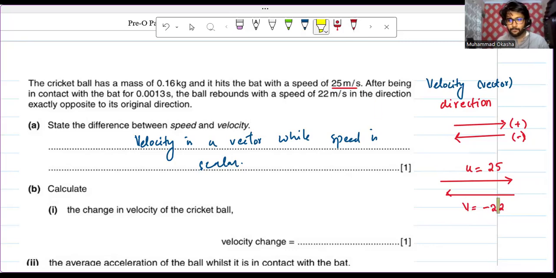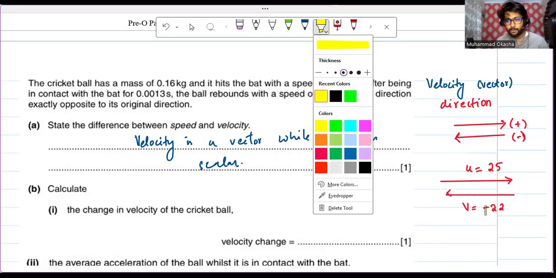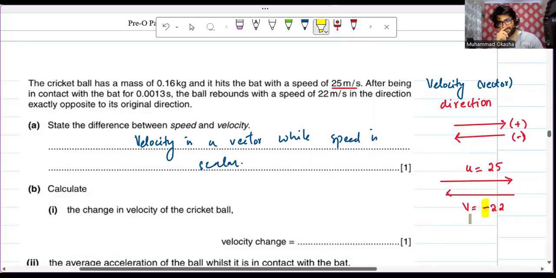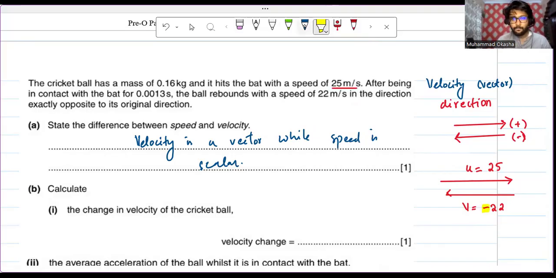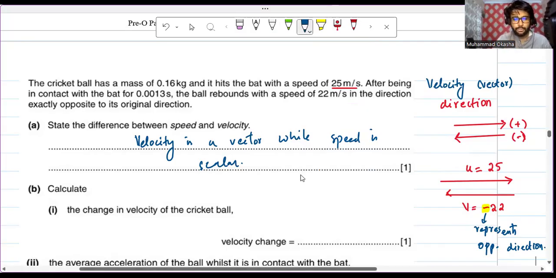Why did I put a negative? Because velocity is a vector quantity and has direction, and if the ball is moving in the opposite direction, I put a negative. This negative represents the opposite direction.